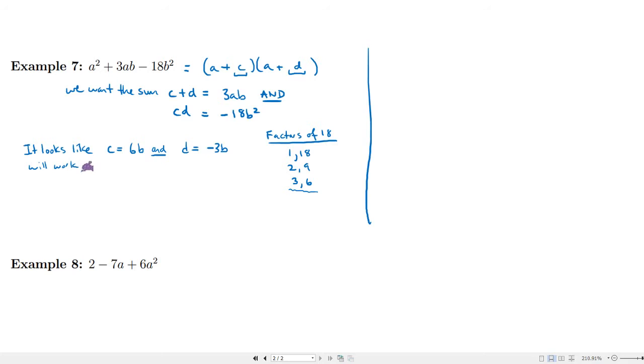And we can check that. Okay, so let's write that out. So we'll have a plus 6b, a minus 3b. So hopefully that's correct, right?